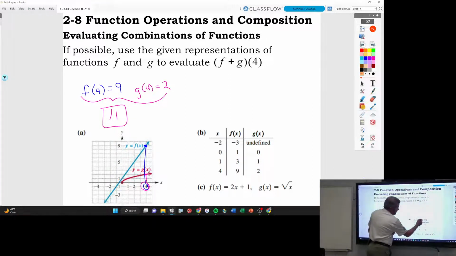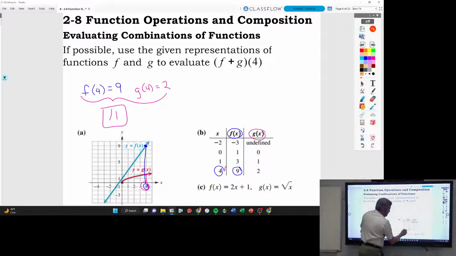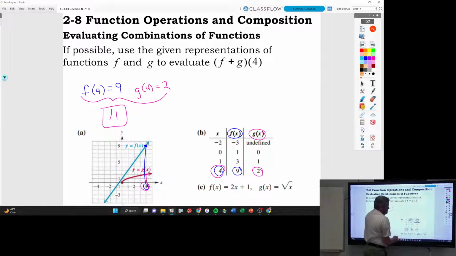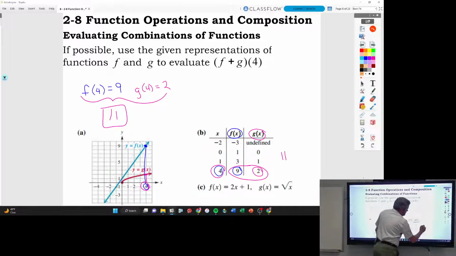So it's the same thing. The f function evaluated at 4 is 9. The g function evaluated at 4 is 2. And 9 plus 2 is 11.